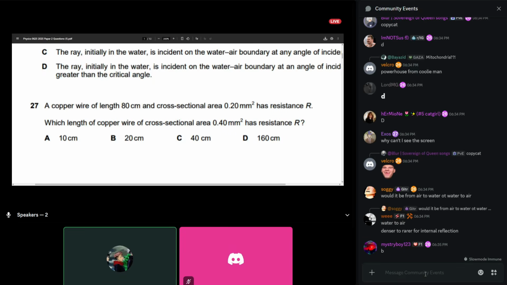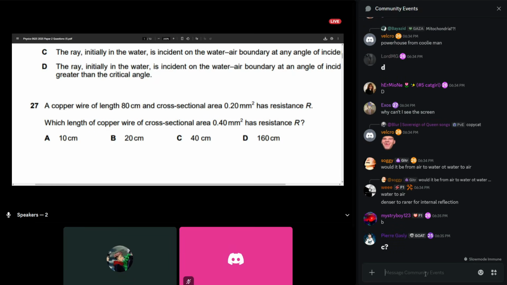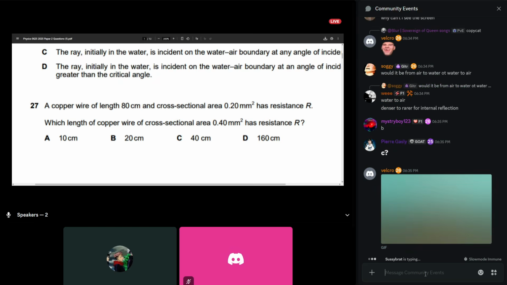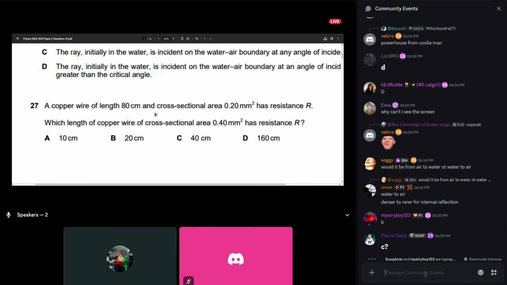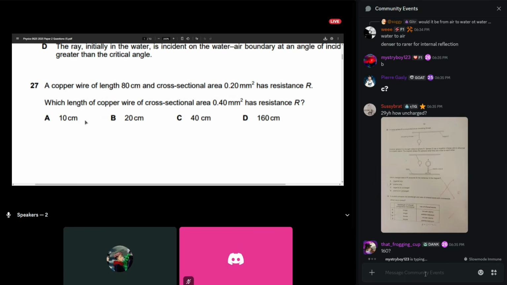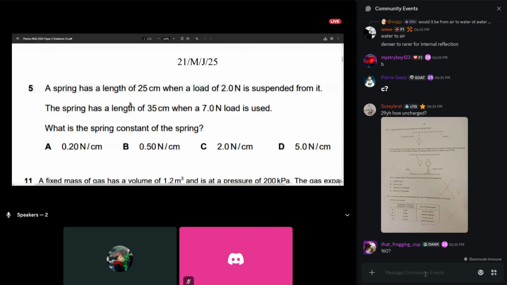This 27 is the answer. Did everyone get this one? Everyone did. Number one. Yeah. This is a very simple one.